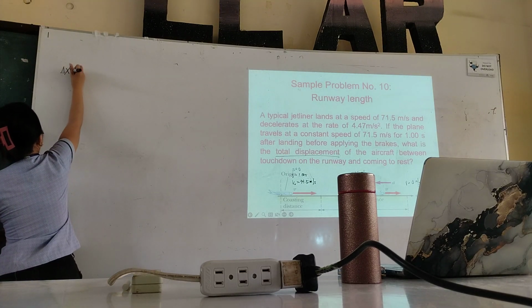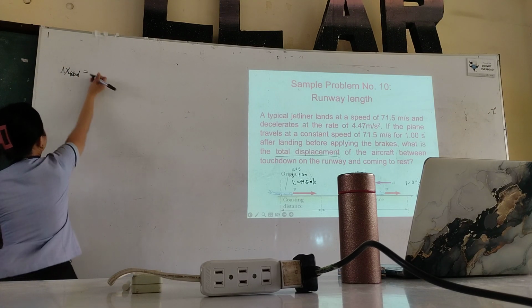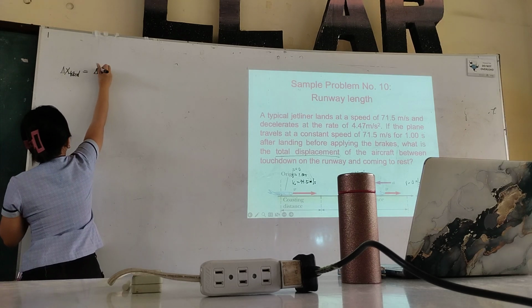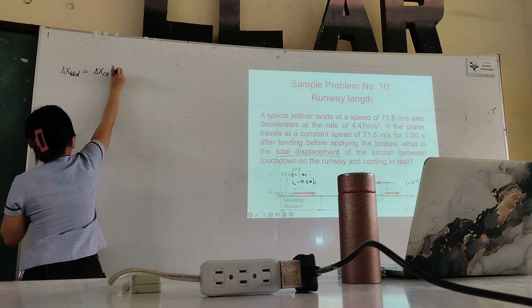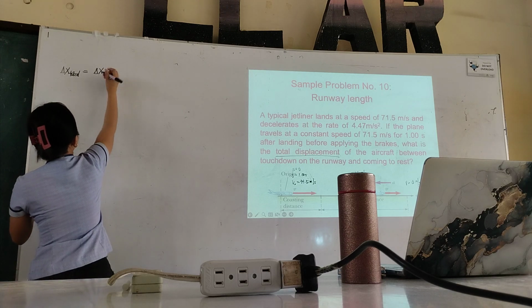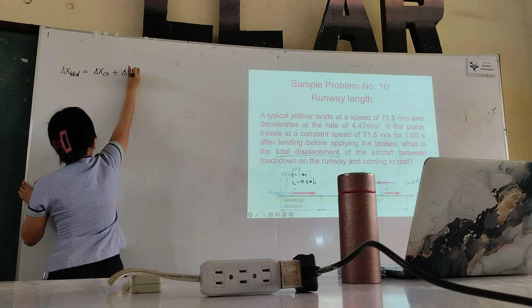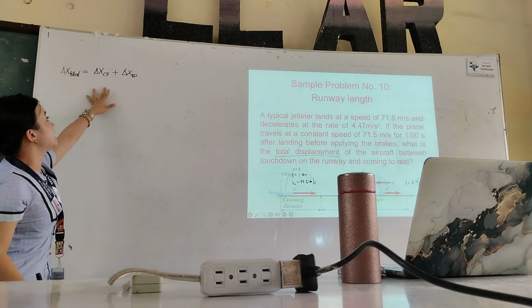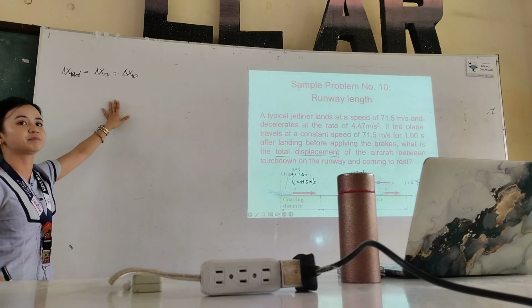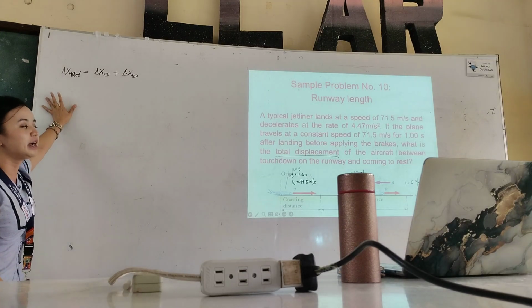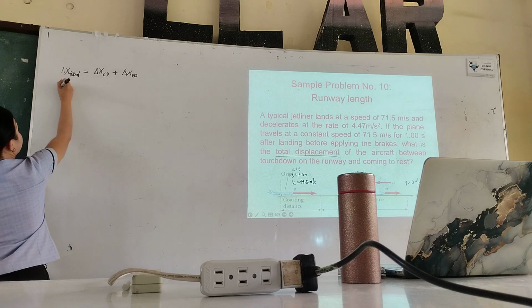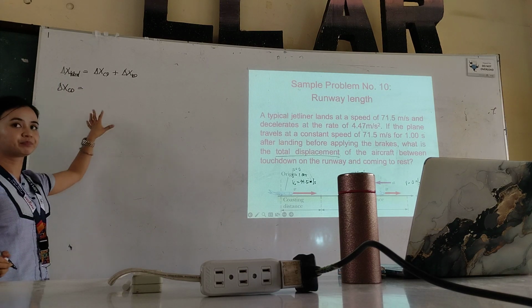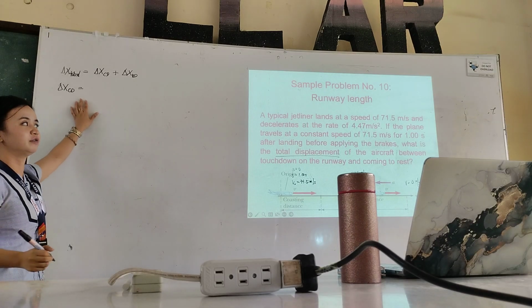So first step, the displacement. Your total displacement is equal to delta x coasting distance plus delta x braking distance. So to find your coasting distance, you have your formula.